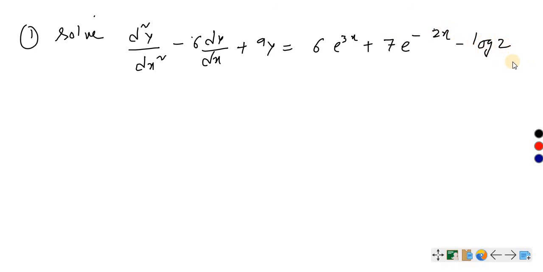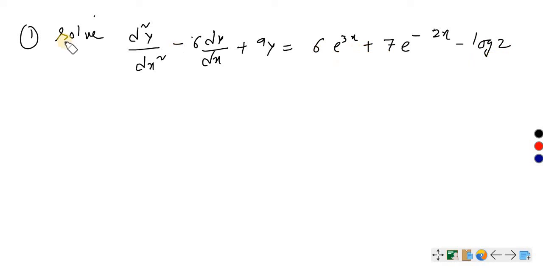It is an interesting problem. I will just give a hint here: the constant term means e^(0x). So here you have to imagine that there is e^(0x). Log 2 is a constant, it has nothing to do, it will remain as such. So please try to solve this problem.